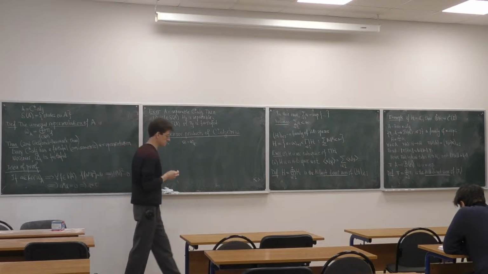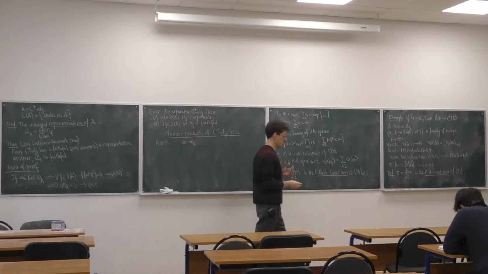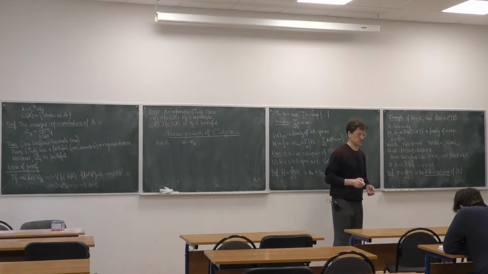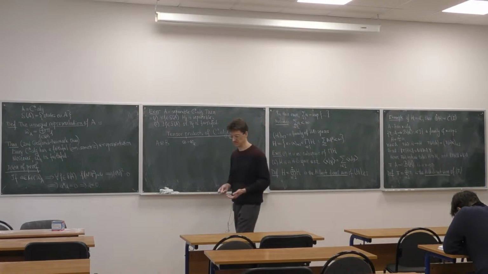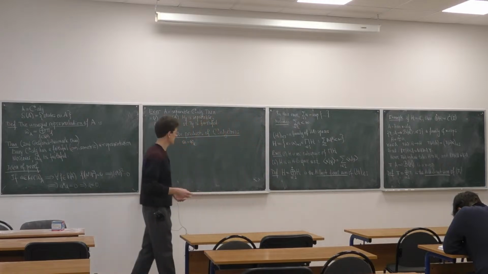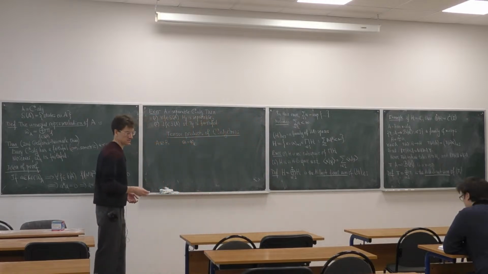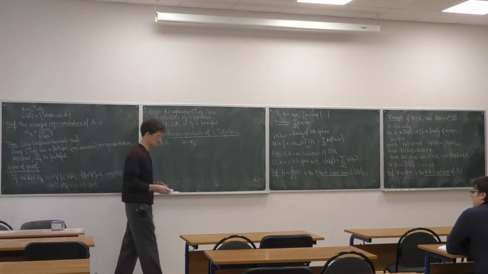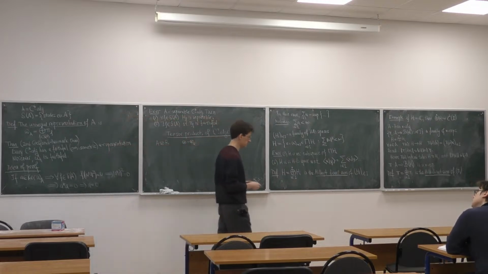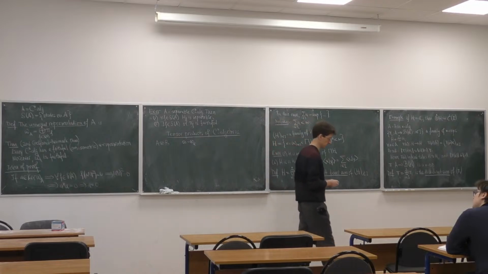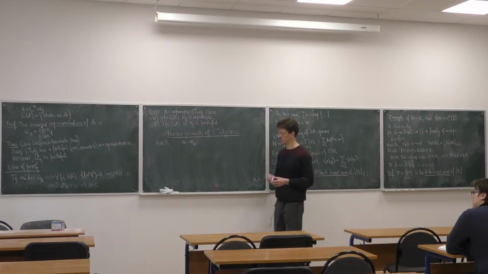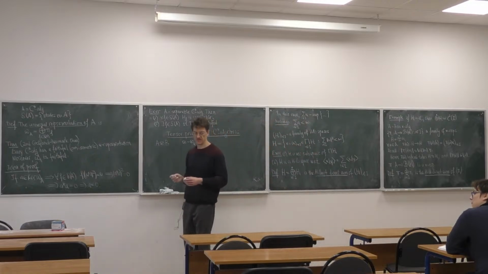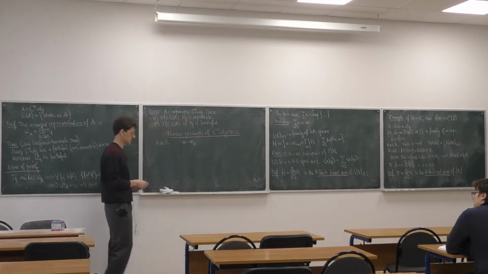The strategy here is as follows. The first step is to take the algebraic tensor product of A and B and to make it into an algebra. And this is absolutely straightforward. The next step is to define an involution on this tensor product. This is also very easy, but it requires a bit of mathematical culture. The next step is to introduce a C-star norm on this tensor product. And this turns out to be rather non-trivial.